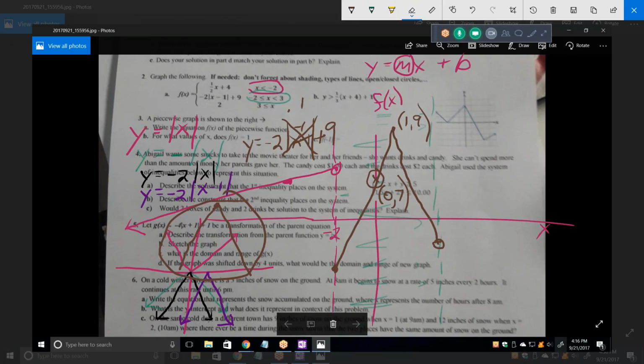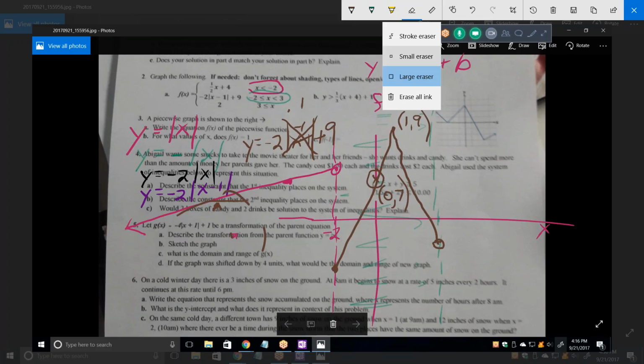Let me create some more drawing space here. My eraser isn't working, but you get the idea.